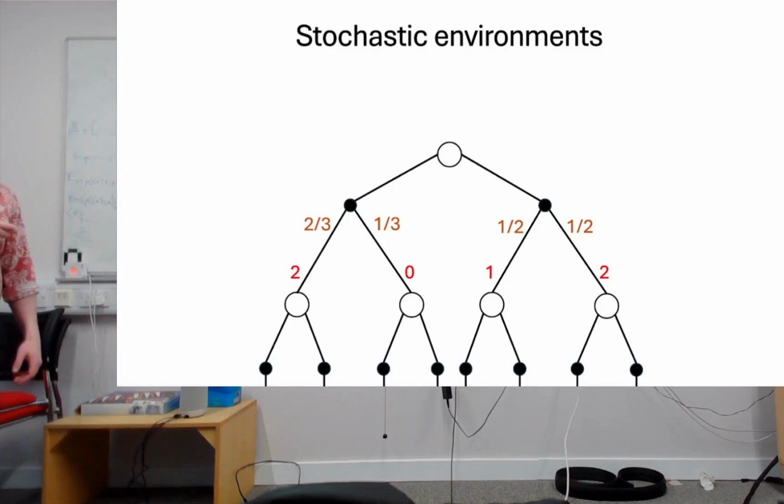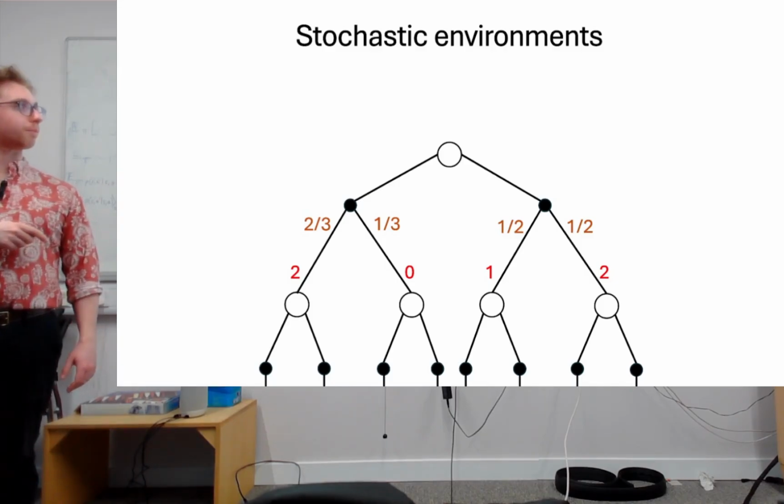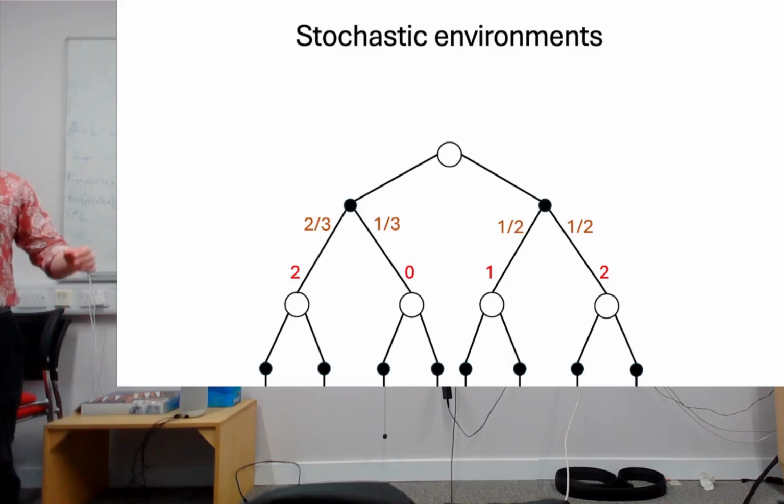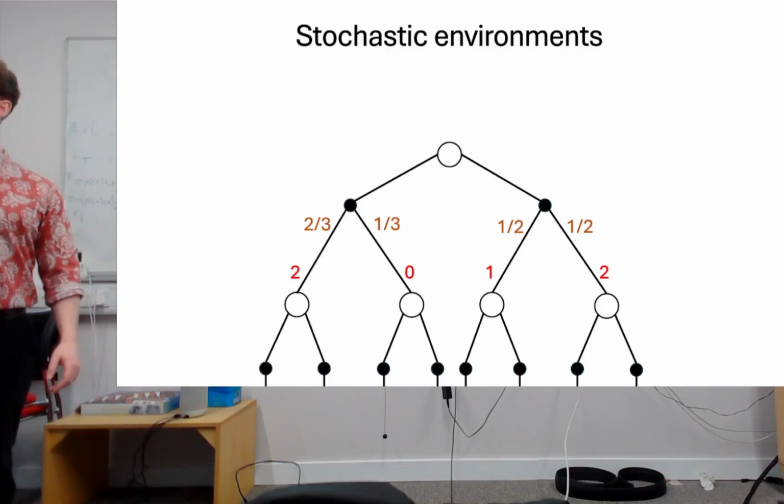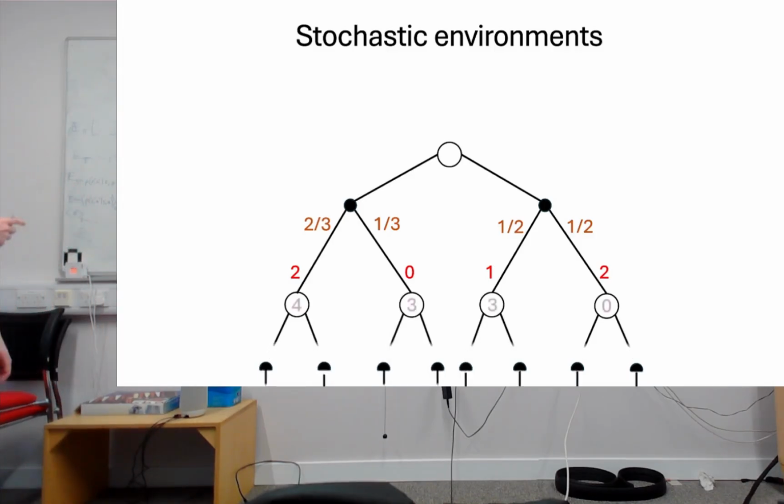So when I take this action on the left, I have a 50% chance of transitioning to this state and a 50% chance of transitioning into this state. And when I take the action on the right, there's a 2/3 chance of going this way and a 1/3 chance of going this way. So now I need to generalize my methodology to take into account the fact that there's something uncertain that I don't know about what's going to happen in the environment.